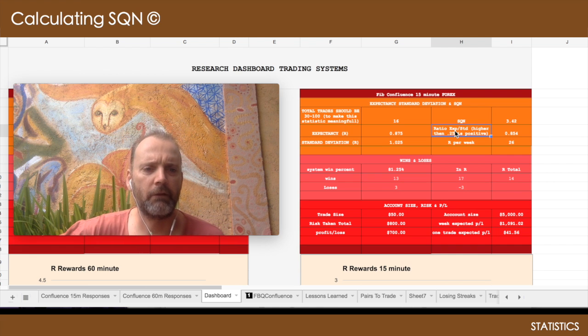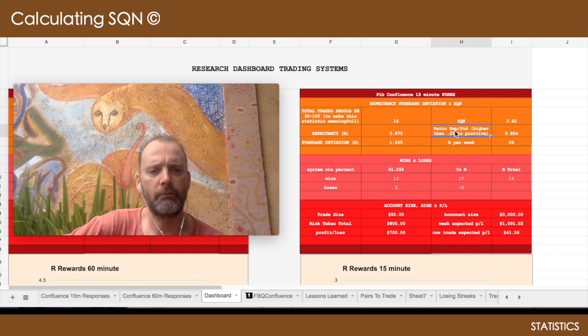People are not aware of this, and we are, so that's great. We are aware we want a high system quality number, and making that visible through our research is why we have this book, these tools and this research method.